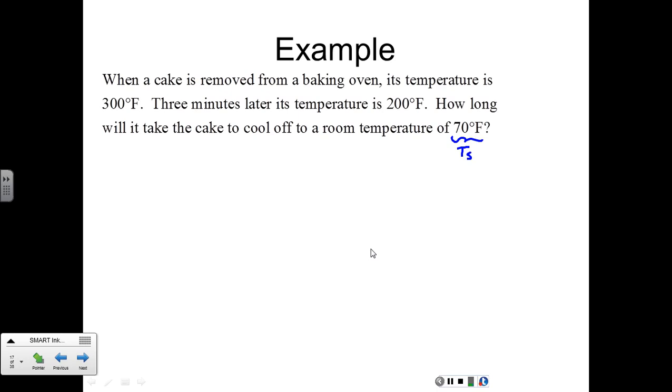Okay? So, if I know my model here, dT over dt is equal to k times the temperature of the cake at any time t, minus, in this case, 70. 70 would be my ambient temperature. First thing I need to do is multiply both sides by dt.